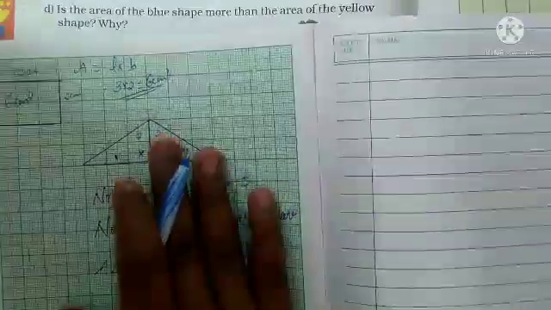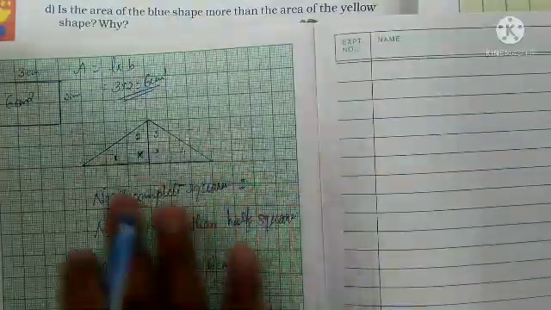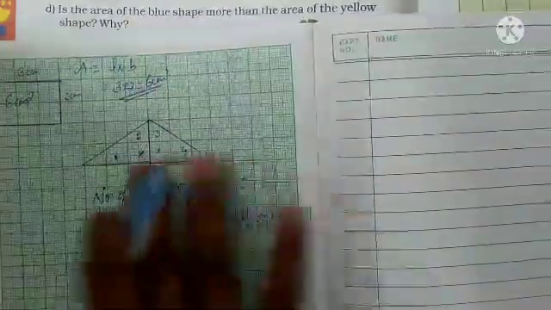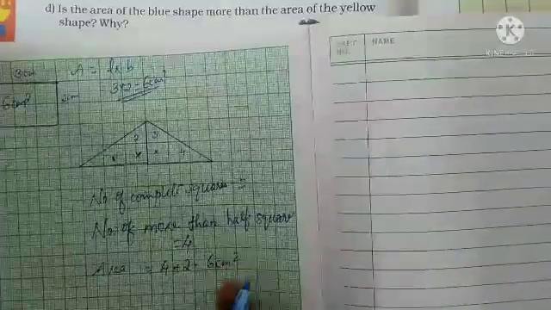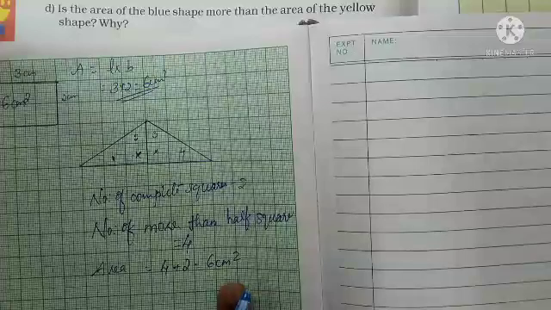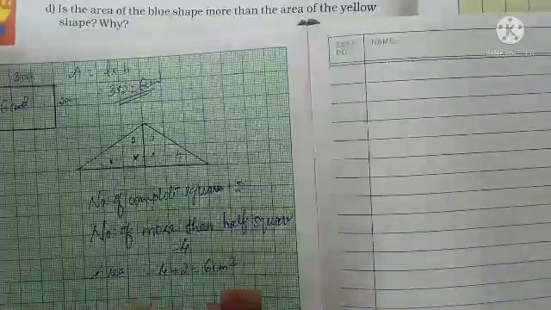You will study those types of formulas in the higher class. Now we have to find out using the unit square. Understand? That way we find its area is 6 centimeter square. So these two areas are equal.